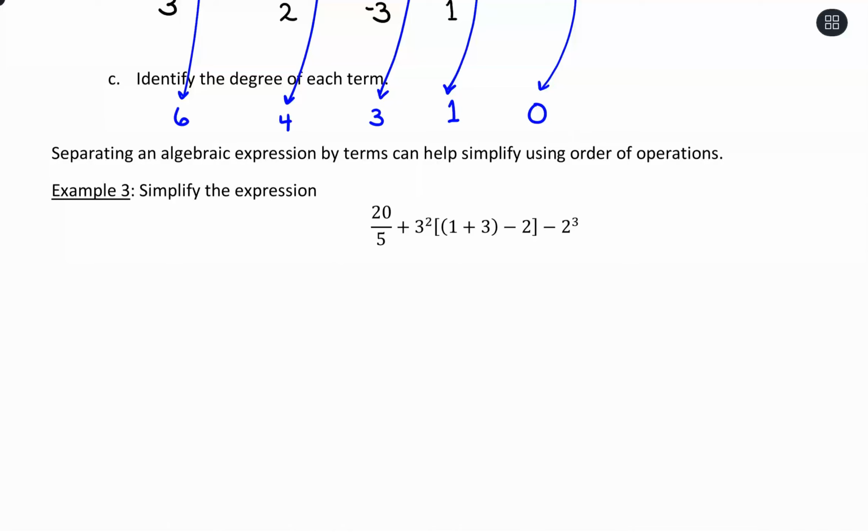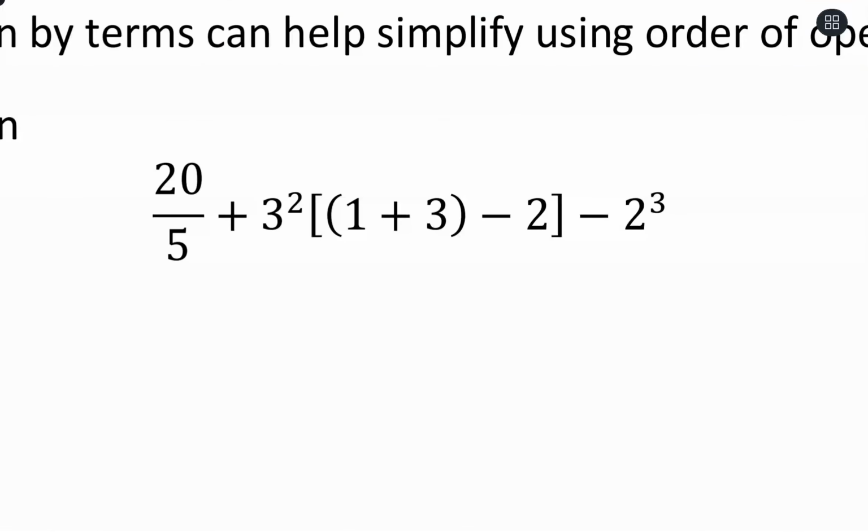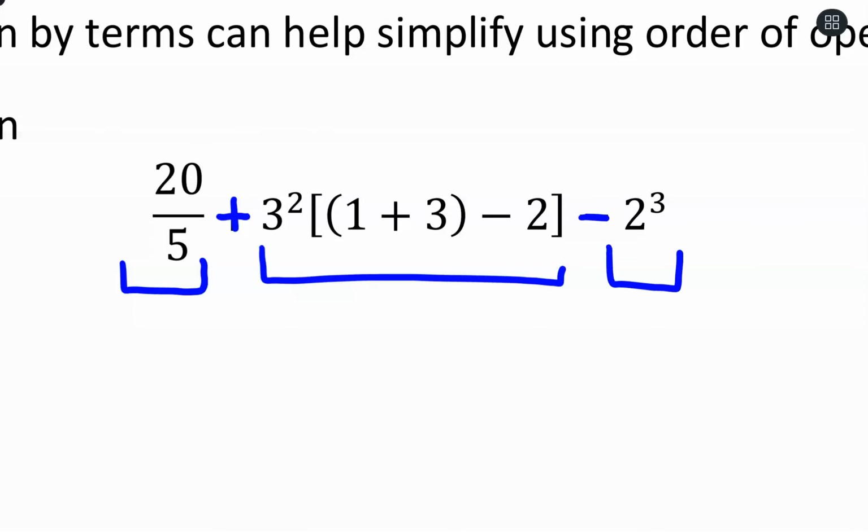If we can identify the separated terms, that can help us see the different spots that we're applying PEMDAS all at once, rather than looking across the entire expression. What I mean by that is, here's this plus symbol on the outside. So here's a term, and there's subtraction there. So there's a term. So what we can do is apply PEMDAS to each of those separated terms at the same time.